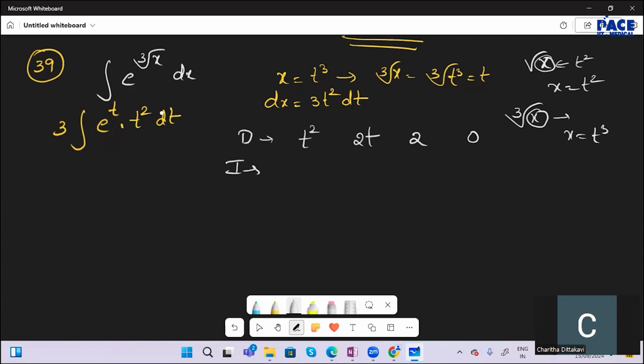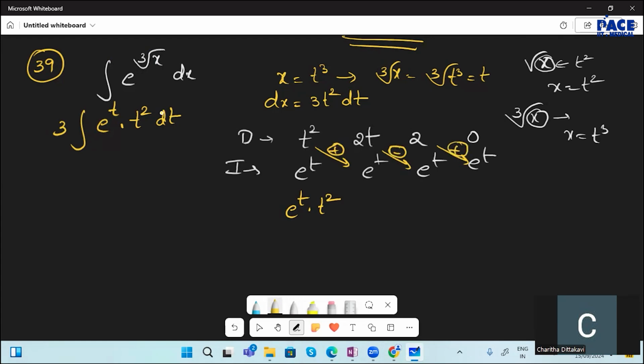Now the integrating factor, obviously wonderful: e power t, e power t, e power t, whatever you write, that is all e power t only. Now cross, with the signs changing directly.